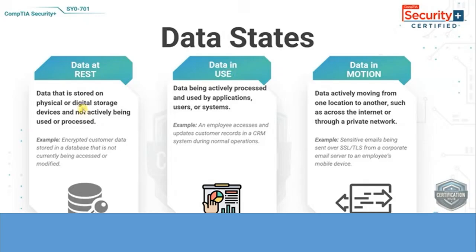Data at rest is data that is stored on a physical or digital storage, like your hard drive, pen drive, or other physical or digital storage devices, and is not actively being used or processed. For example, encrypted customer data stored in a database that is not currently being accessed or modified. This is rest data.